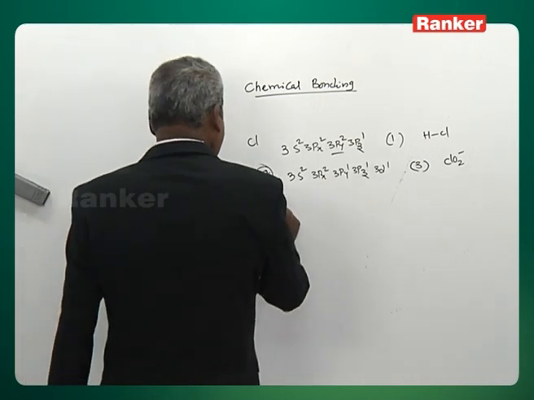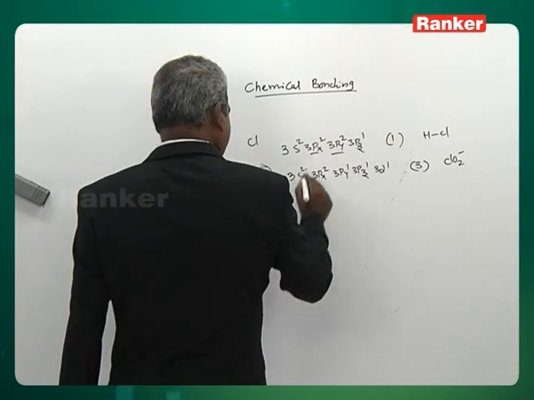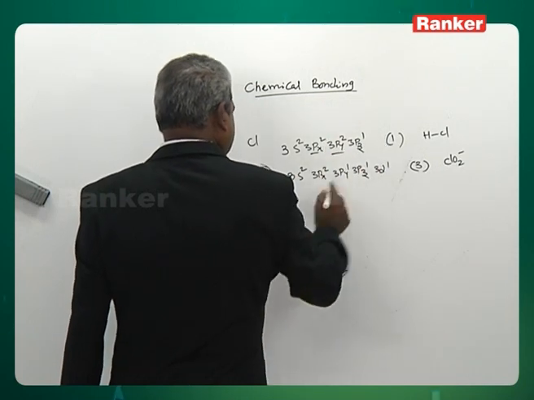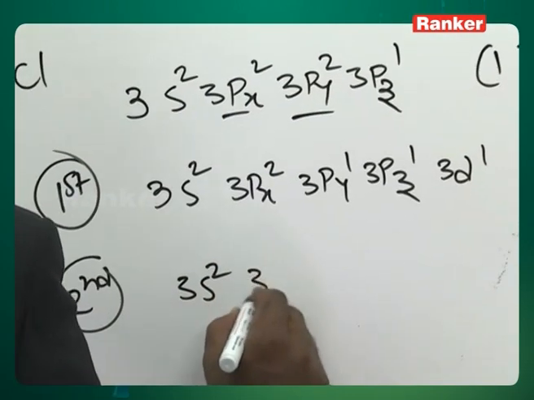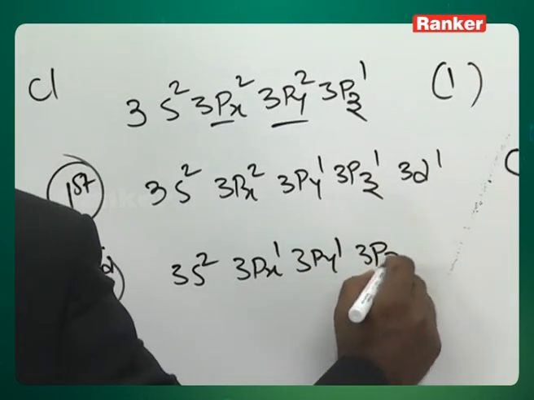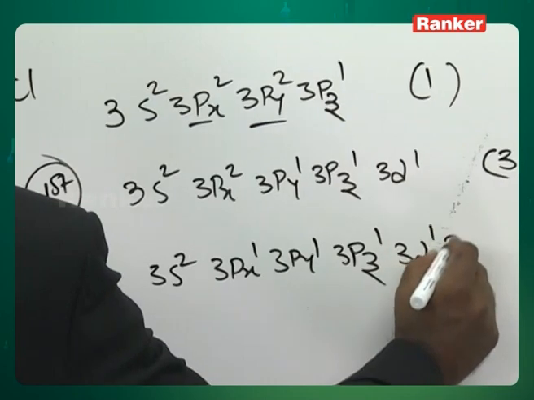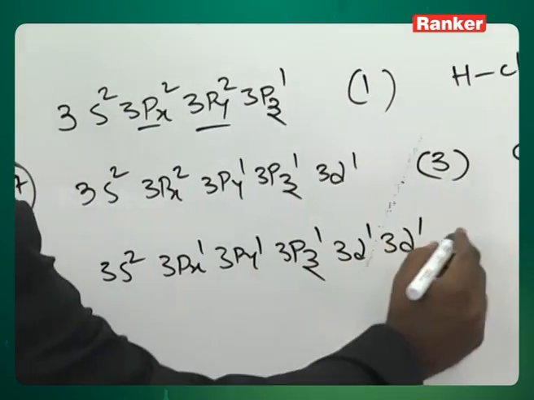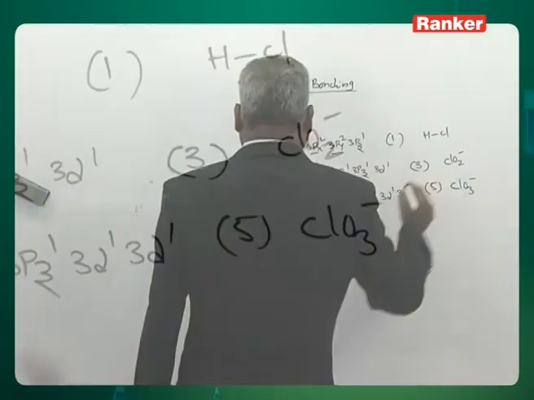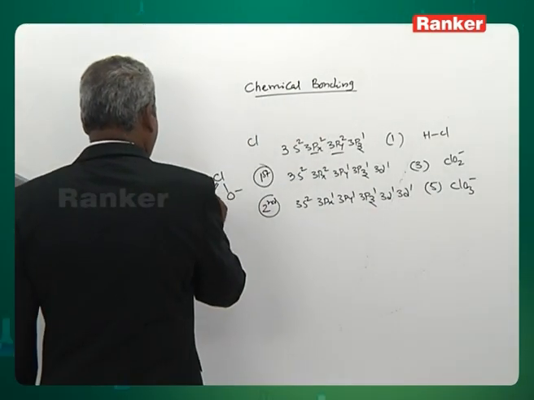Second excited state, break 1 more pair. So excite these electrons also. You have so many d's: 3s2, 3px1, 3py1, 3pz1, 3d1, 3d1. Now you have 5 unpaired electrons, ClO3 minus. 1 more oxygen, ClO3 minus.